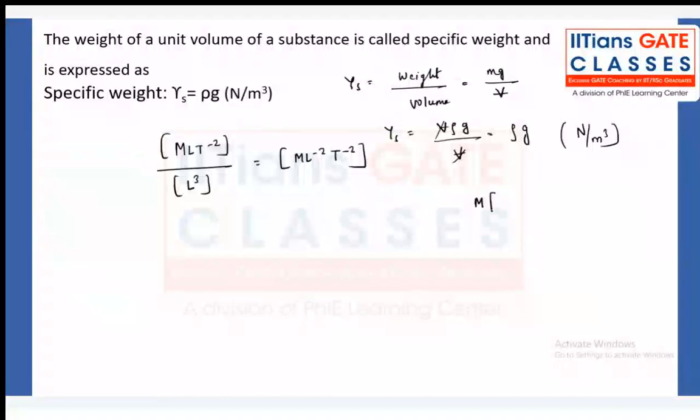Mass is M. What is the g, guys? Gravitational acceleration, right? The unit is meter per second square, which is nothing but LT minus 2. So it will be MLT minus 2 for mg, and in the denominator we have the volume, which is nothing but L cube.